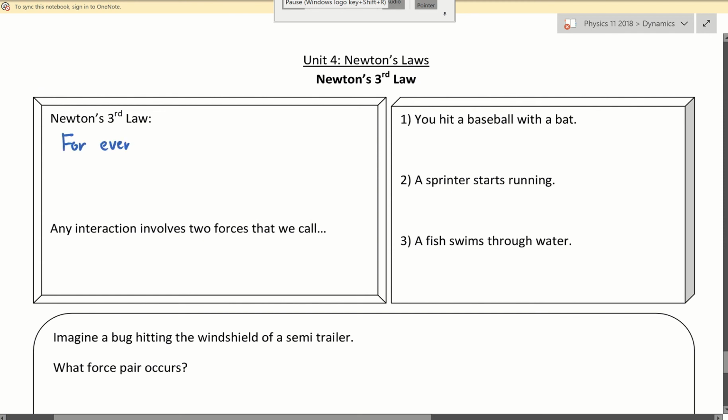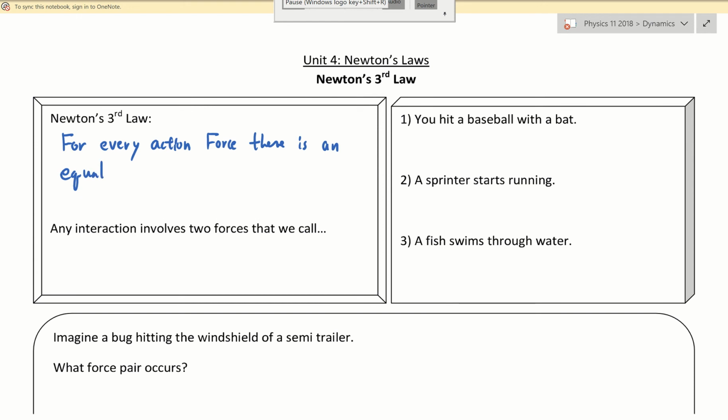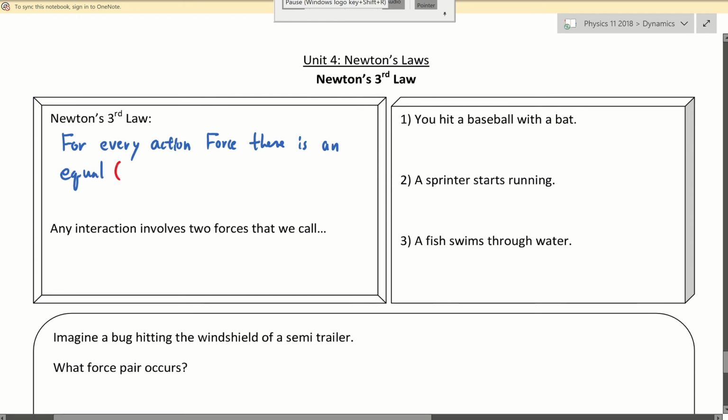So for every action force, there is an equal reaction. Now, equal in what? If you apply a force to something, there is always a reaction.